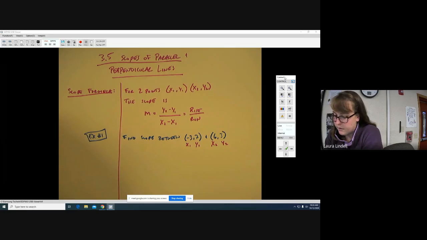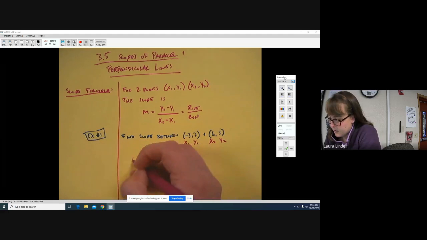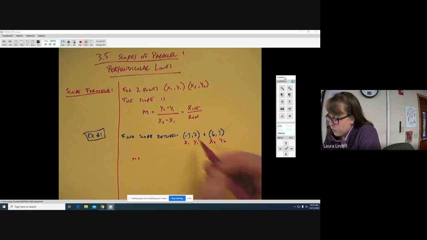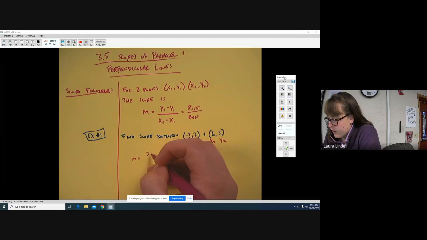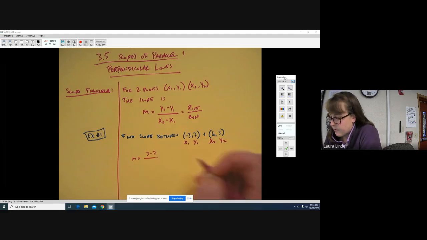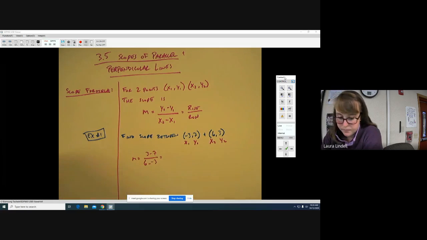Then all we have to do, y2 minus y1 on the top, so 3 minus 7 on the top. And then x2 minus x1 on the bottom, so 6 minus -3 on the bottom.